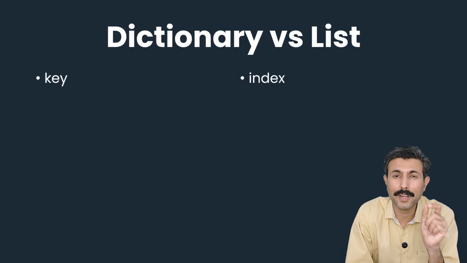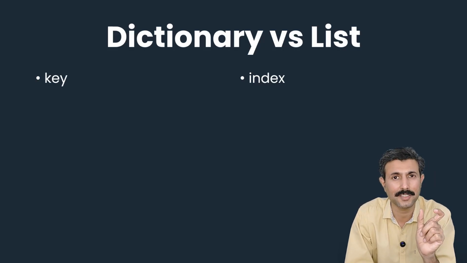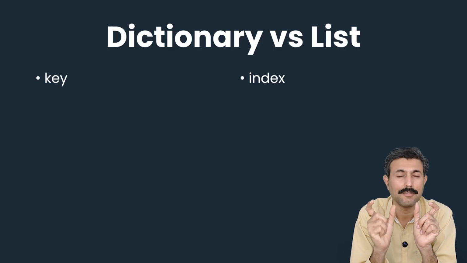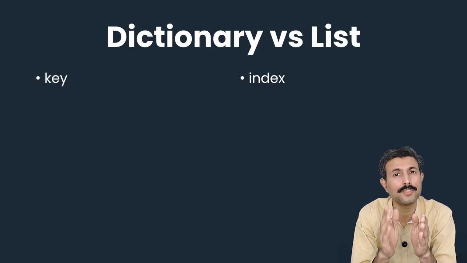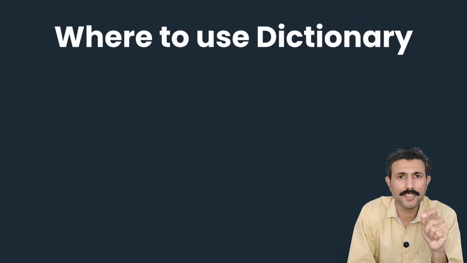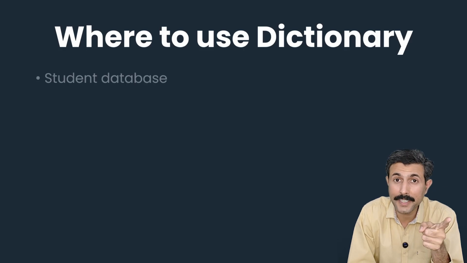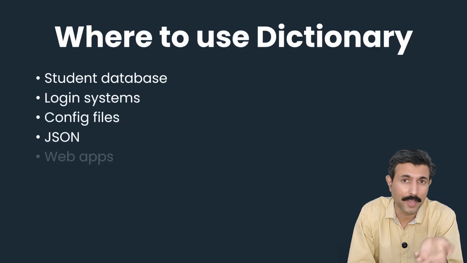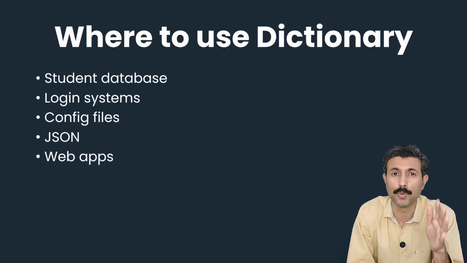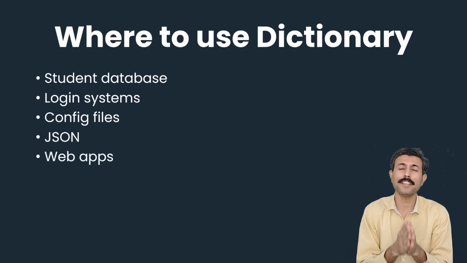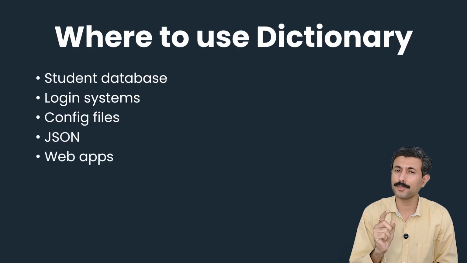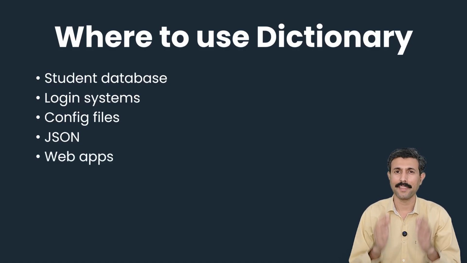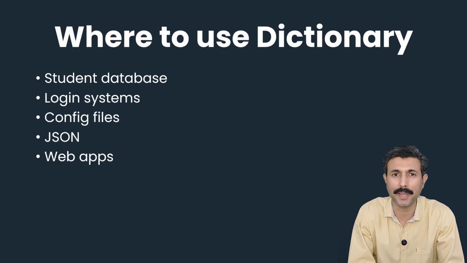Whenever you require this type of meaningful representation and attach some values with that, you need to use a dictionary. Dictionaries are used in student databases, login systems, configuration files, JSON data, web applications, and many more. Almost every real world Python project uses a dictionary, and that's the mapping data type in Python.